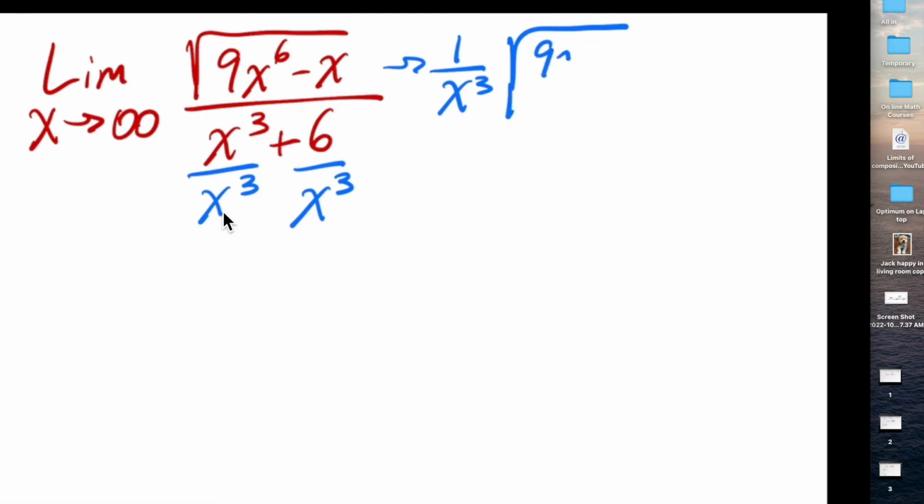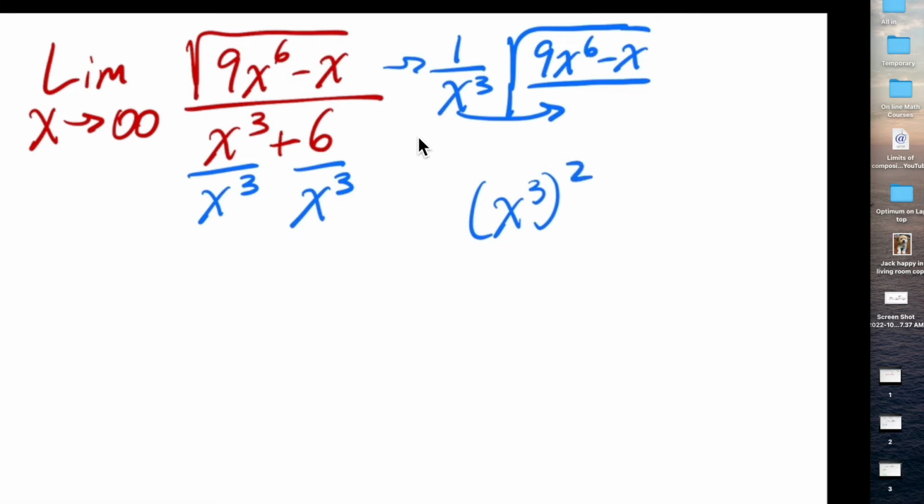I'm also going to anticipate taking this x to the 3, which is currently outside of the radical, and inserting it into the radical. When I do that, I take that x cubed and I square it, and it becomes x to the 6th.